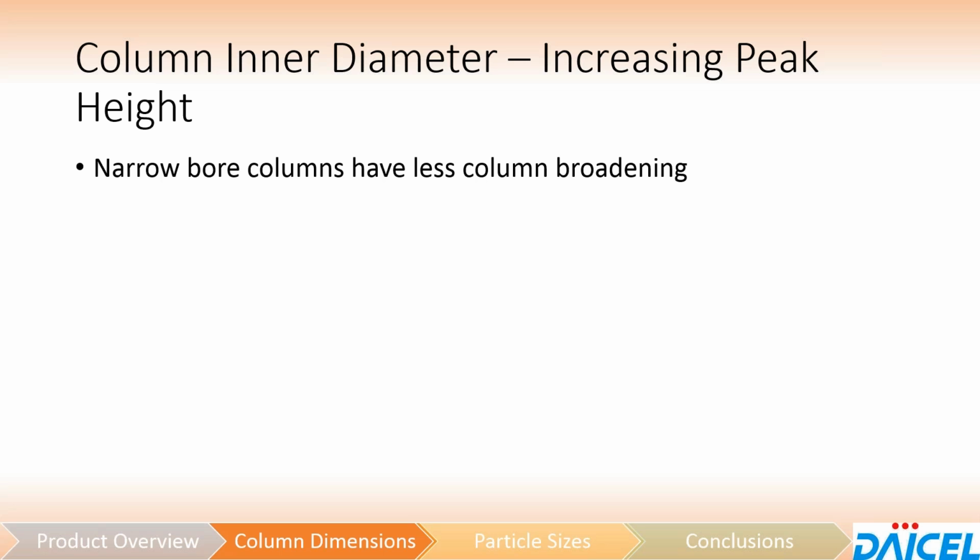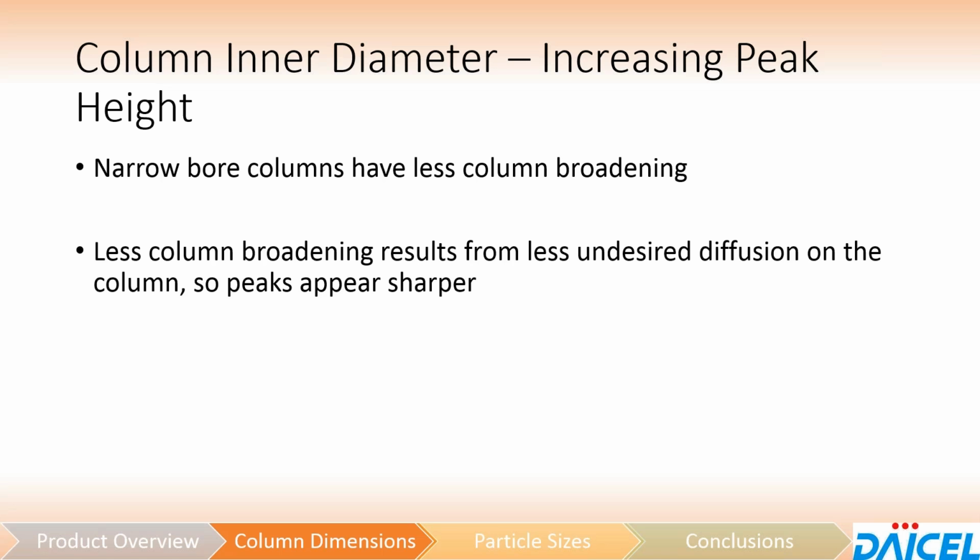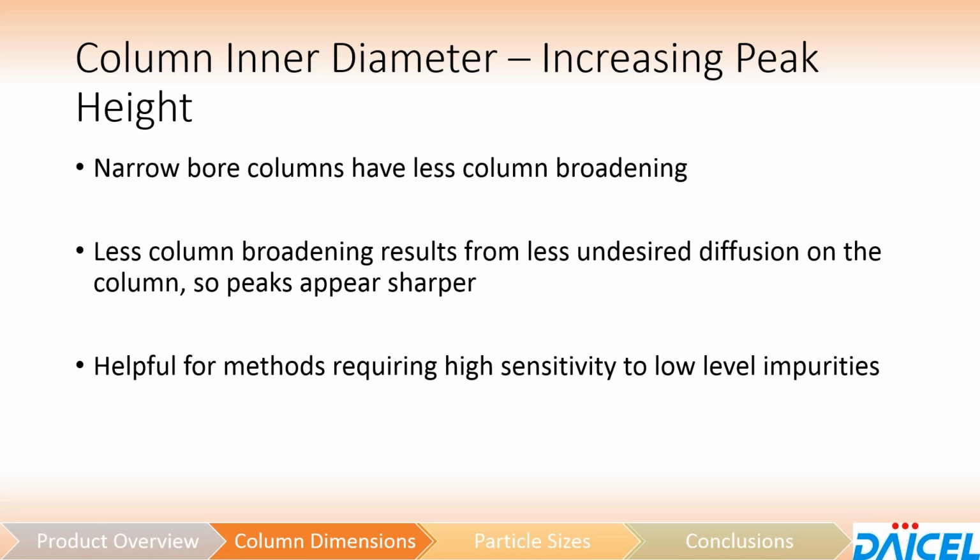So as the analyte is moving through the column, there is less space for diffusion, and therefore as the peaks are coming out of the column and into the detector, they will appear sharper as a result of that decrease in diffusion. This can be particularly helpful when you have methods that require high sensitivity to especially low level impurities.